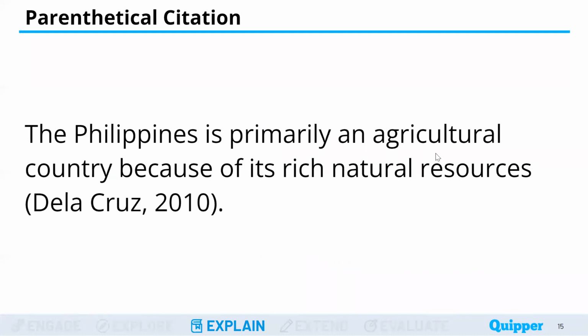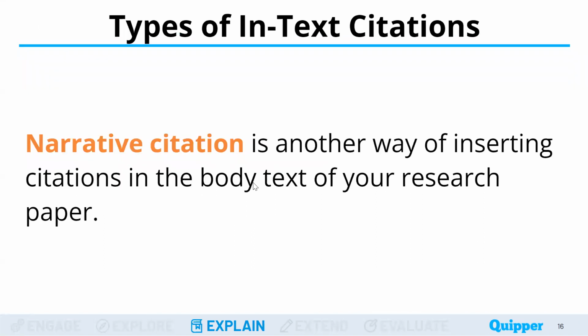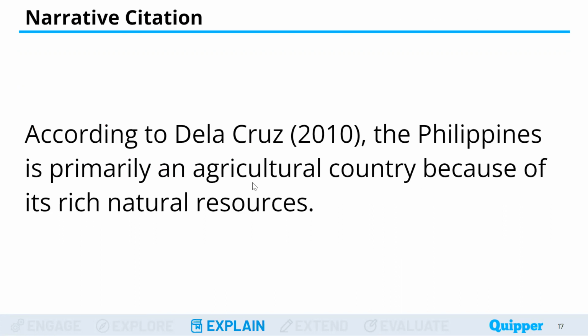Yan. So ganito siya pinapakita. The Philippines is primarily an agricultural country because of its rich natural resources. So De La Cruz, 2010. Kapag narrative naman is another way of inserting citation in the body text of your research paper. So according to De La Cruz, 2010, the Philippines is primarily an agricultural country because of its natural resources.